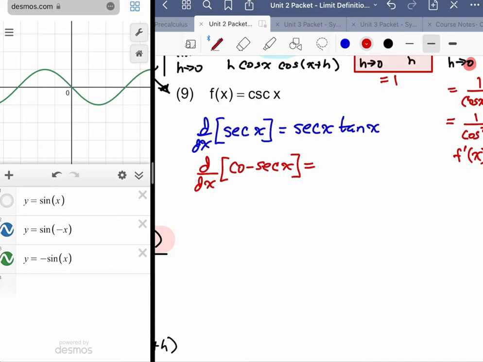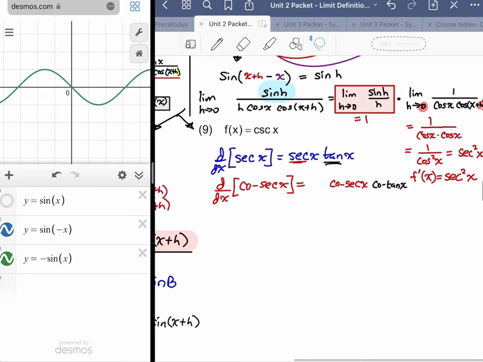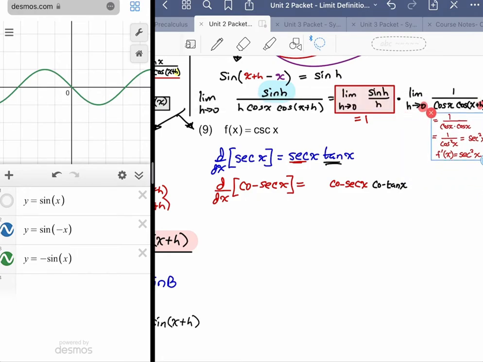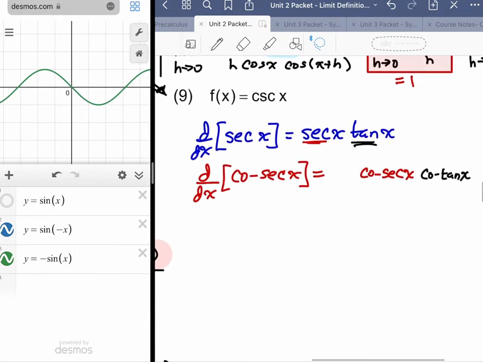So I have a secant here. I would make that a cosecant. I have a tangent. I'd make that a cotangent. I'll use the shorthand notation in a second, but for now, I just really want to emphasize that co part. And I want to clean this up a little bit. All right.